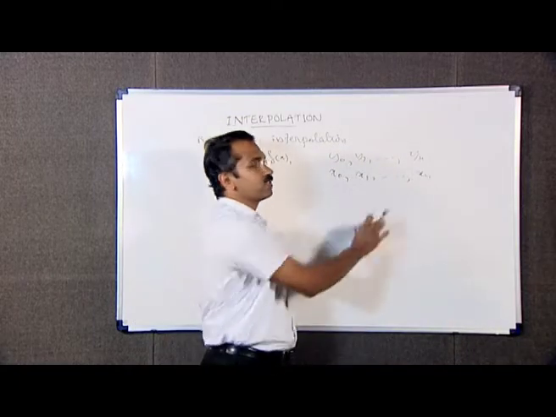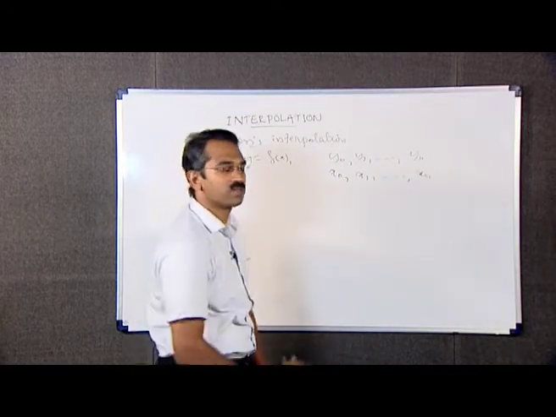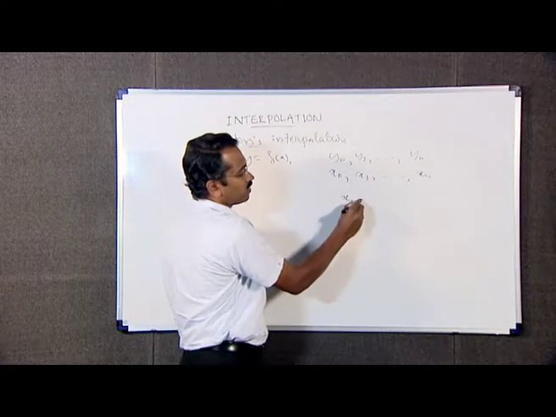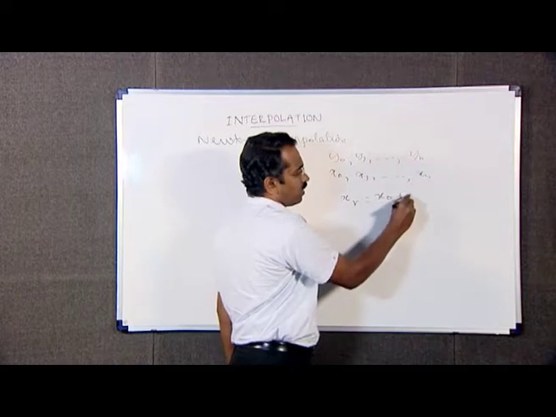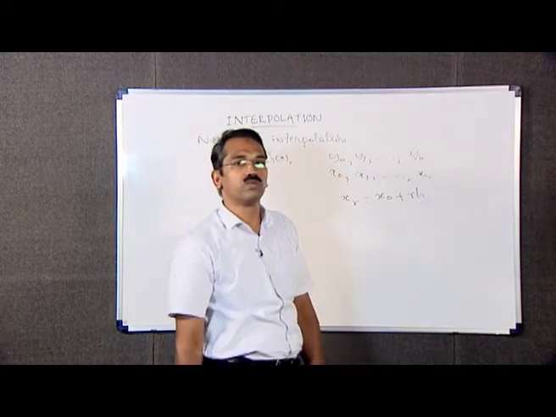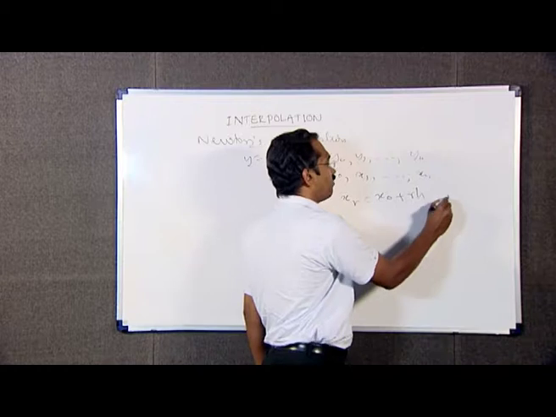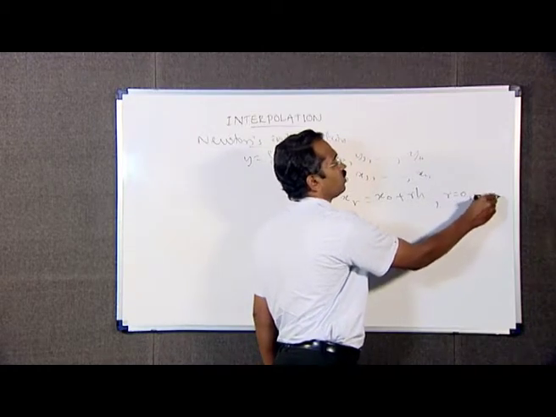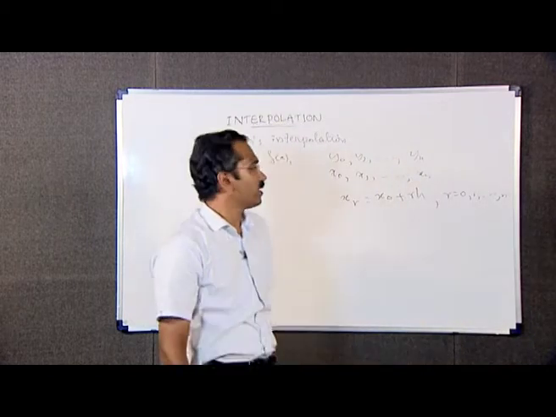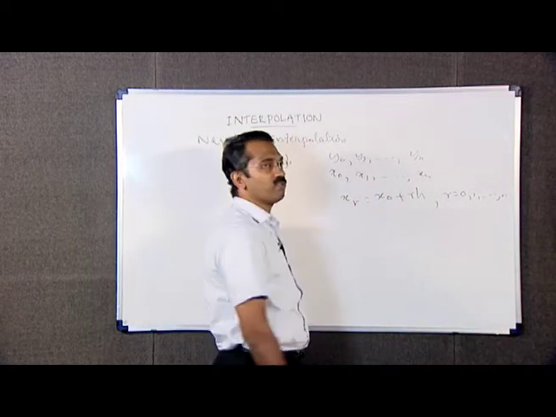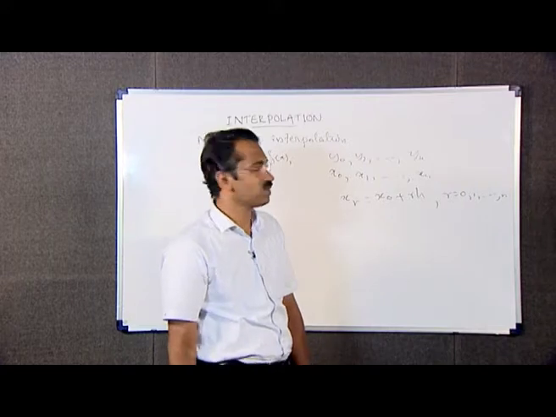Let the values of x be equally spaced, that is, xr is equal to x naught plus r into h, where r varies from 0 to n. Here h is called the interval of differencing.